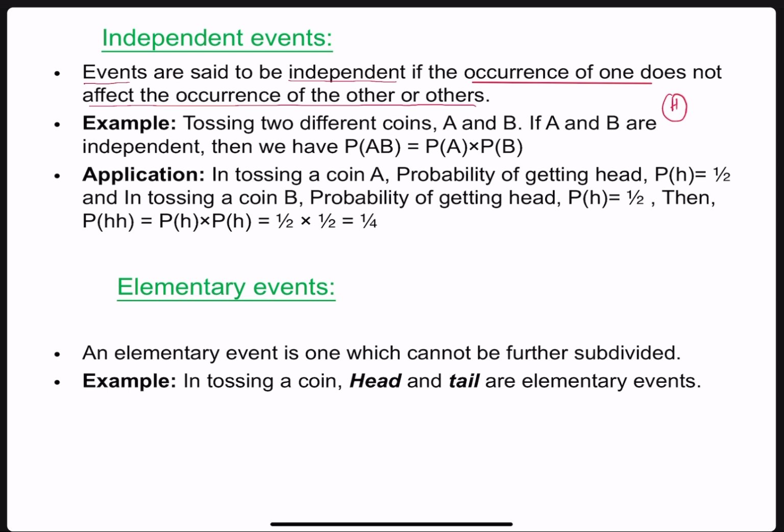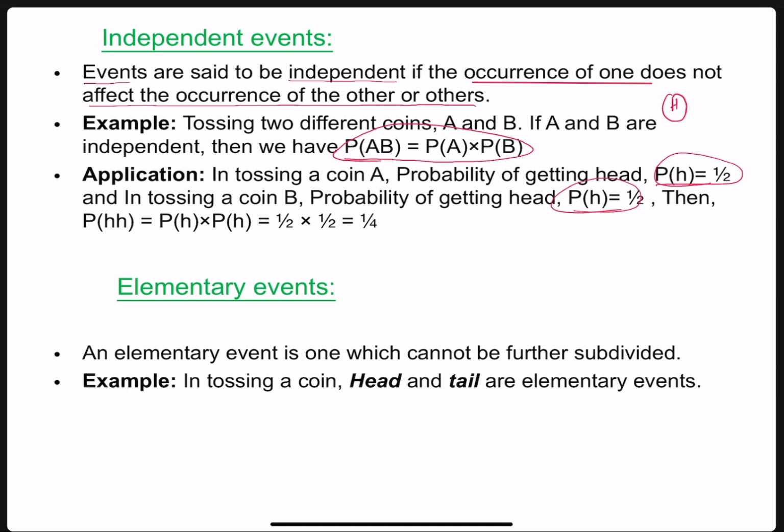Example, tossing two different coins, A and B. If A and B are independent, then we have this formula, the probability of A and B. What is the probability for the two coins? Suppose when you toss coin A, you get head first. Then the probability of head is 1 by 2. And again, when you toss coin B, the probability of head is again 1 by 2.